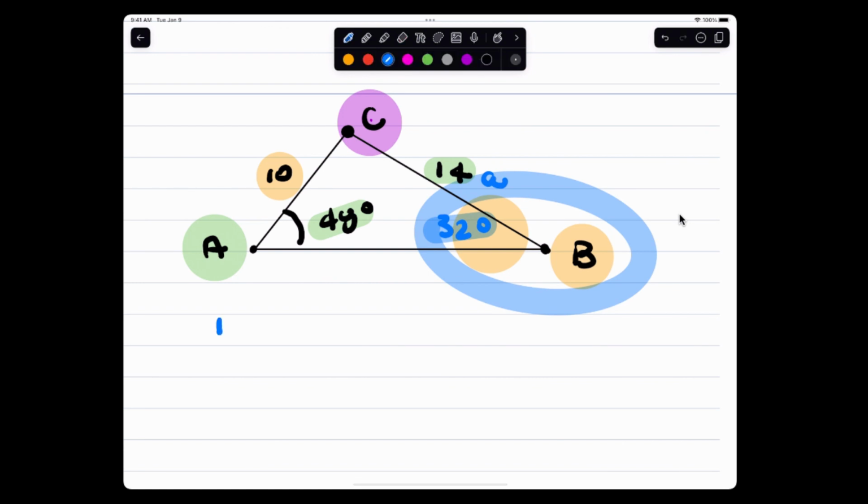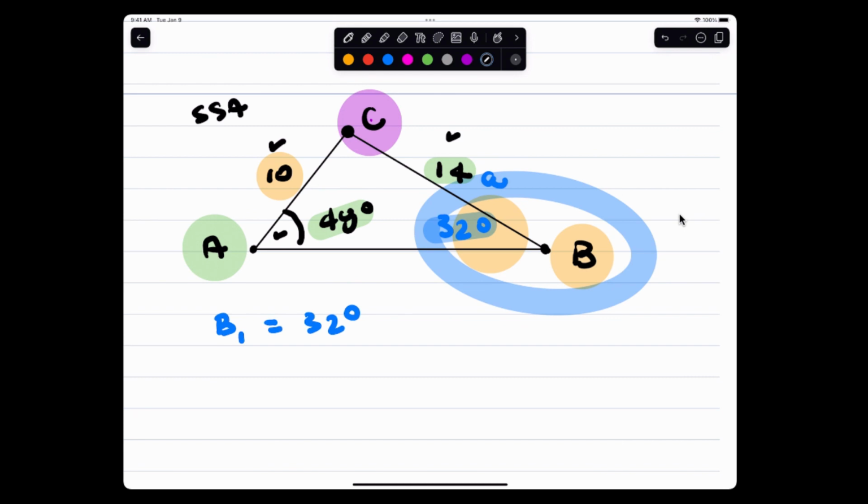I'm going to call this now B1, which is equal to what? 32 degrees. Okay, because that was the first angle we got. This is in black, everything in black. This is side side angle. You had a side, you have a side, and this was that angle next to a side.